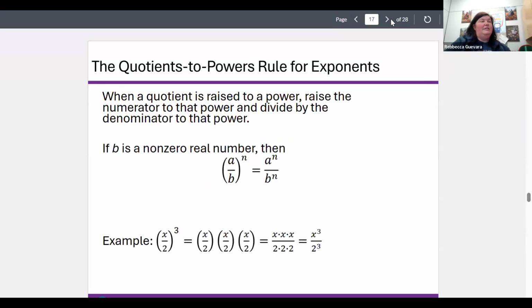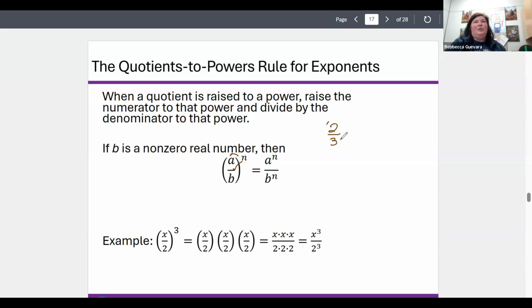Quotient rule for exponents. It's kind of like the power rule or the product rule. If I have a over b and I raise that to n, then that distributes as well. So I get a to the n over b to the n.